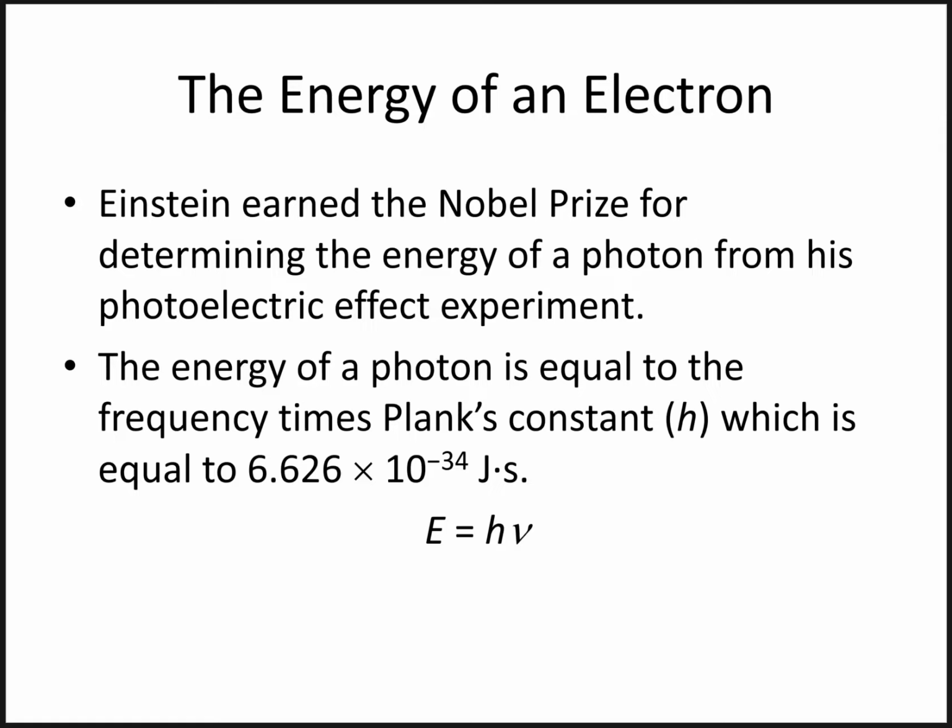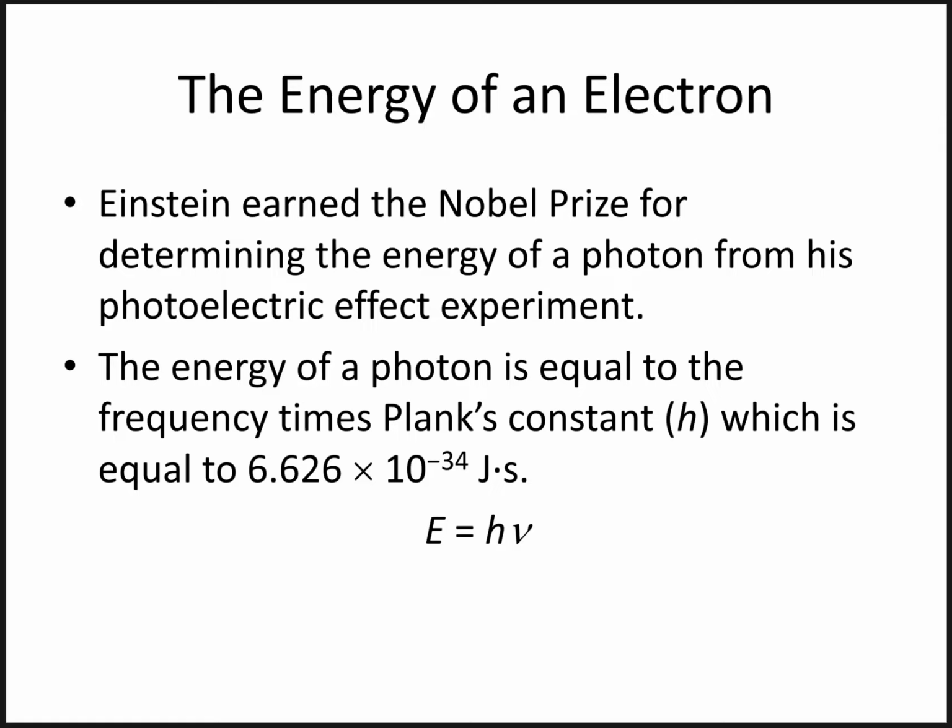So again, we have to think about frequency in hertz. Hertz is the same as 1/seconds. So when we're trying to determine how much energy we need, we have Planck's constant, which is always the same value, and we need to make sure our frequency is in terms of seconds.